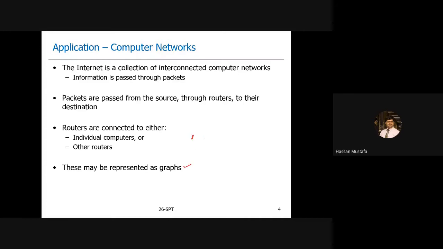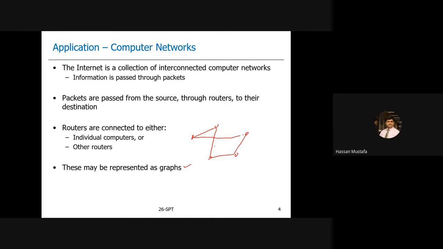We can have different vertices representing different routers, and lines that show the connectivity of these routers with other routers. Maybe there are duplicate paths as well. So we can represent a computer network using a graph.